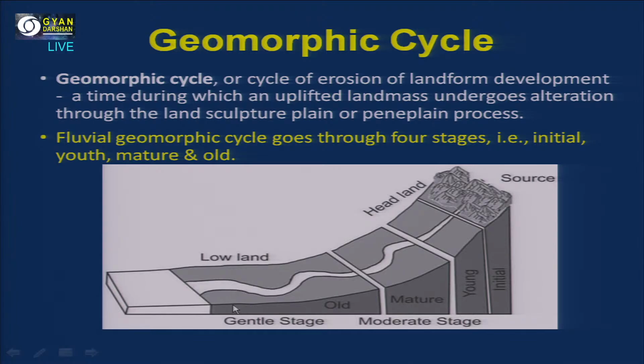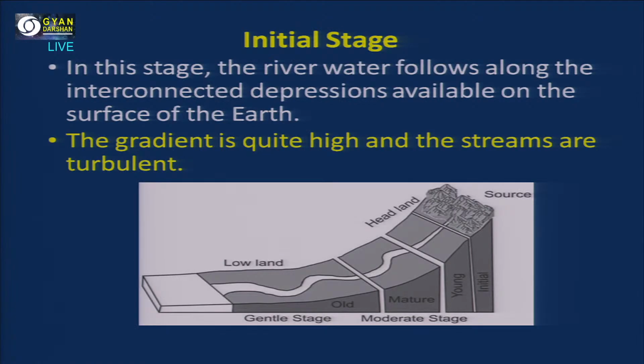And you can see here that the young and the initial stages are characterized by high elevation, whereas the mature stage is the moderate stage, and the old stage is the gentle stage. Now let us discuss these 4 stages in some detail.